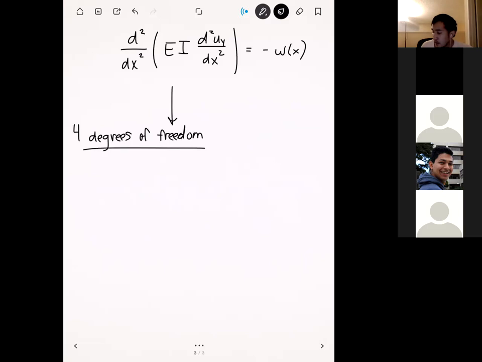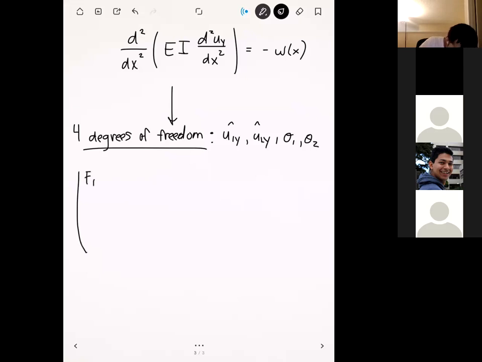For each element, we're solving for both the transverse displacement, so that's 2 degrees of freedom, and also the rotations, and that's another 2. So the 4 degrees of freedom are u1y, theta 1, u2y, theta 2.